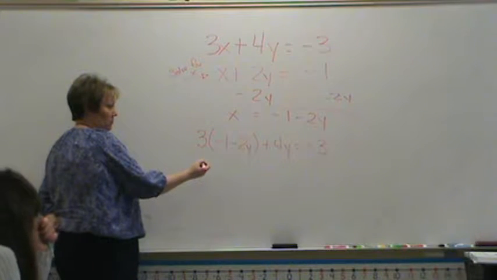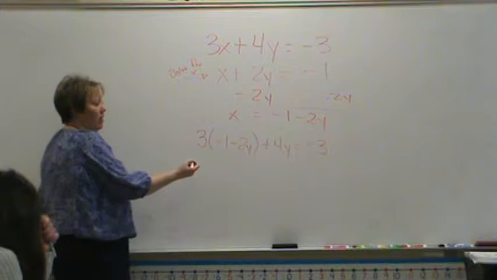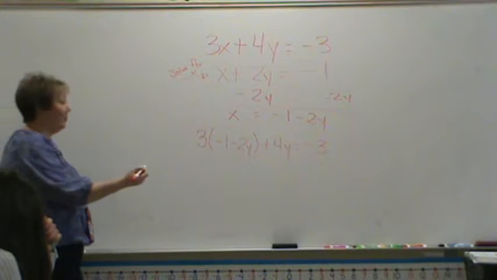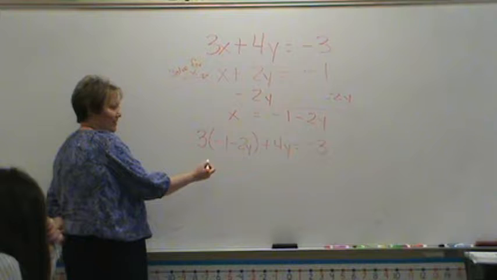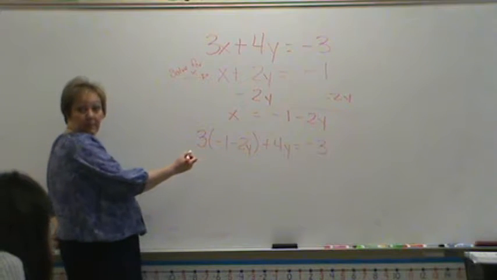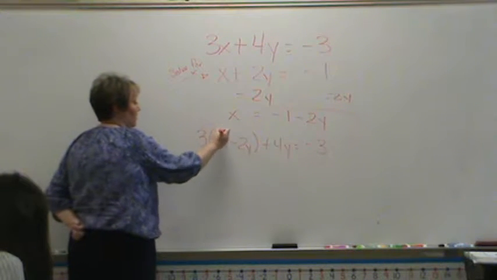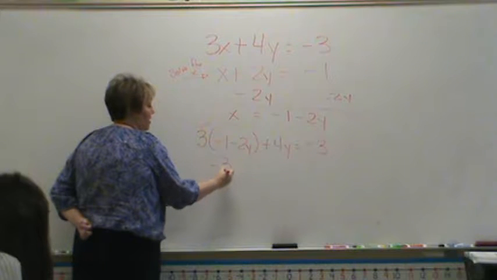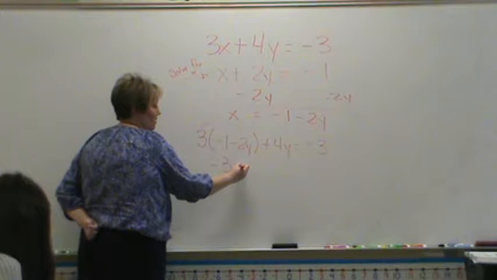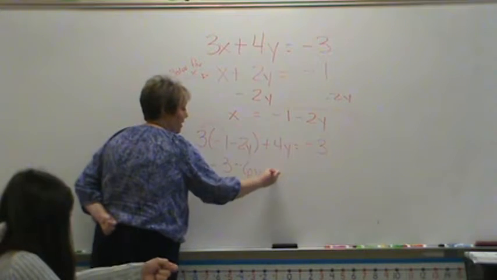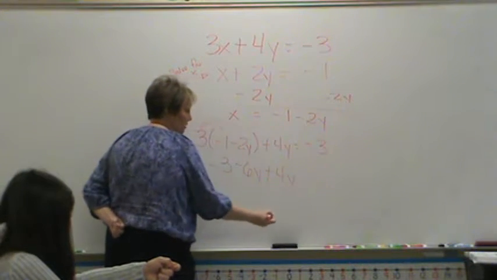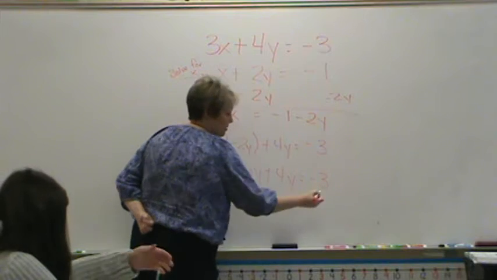Hug everybody now. How do I want to hug them? Multiply. Tell me what I get when I multiply. -3 minus 6y. Now what?